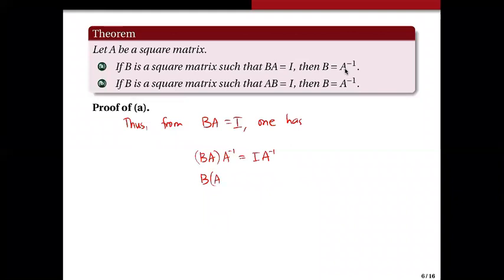Regroup, so B times A inverse. And I times A inverse is still A inverse. But this guy here, A times A inverse, is your identity. So you now have BI, which equals A inverse. And finally, B is simply A inverse. And that's what we want to show.